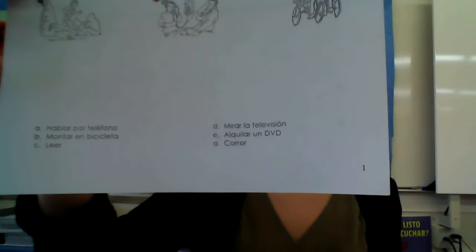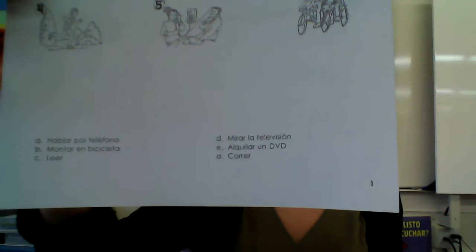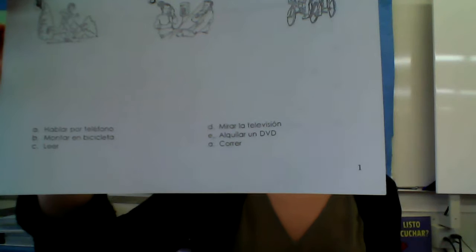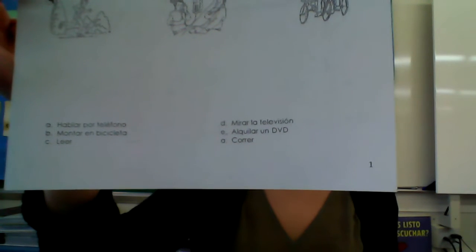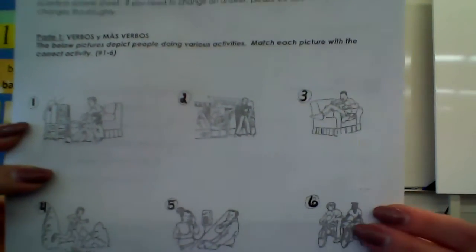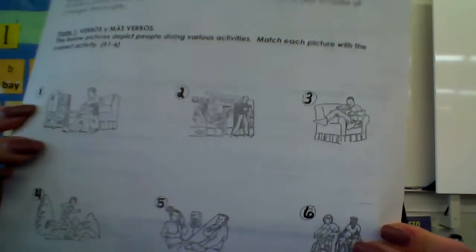So your options are A, hablar por teléfono, B, montar en bicicleta, C, leer, D, mirar la televisión, E, alquilar un DVD, and A, correr. So pick which one of those 6 means to watch TV for the first one. Again, when you know it, you will go to number 1 on your Scantron and you will circle in the right letter. Okay? All on the Scantron.